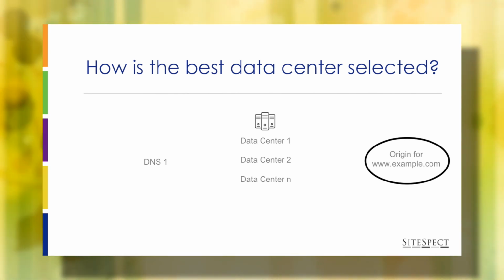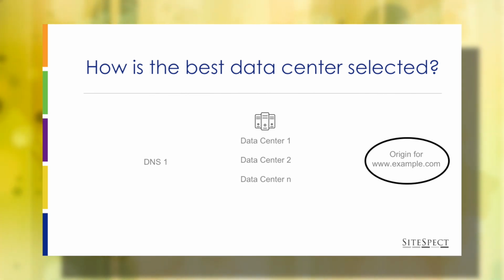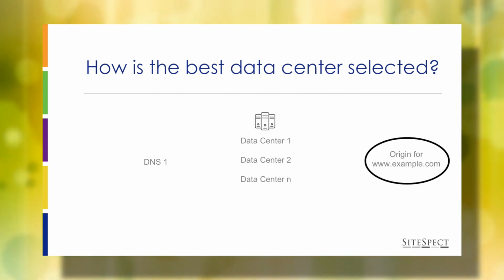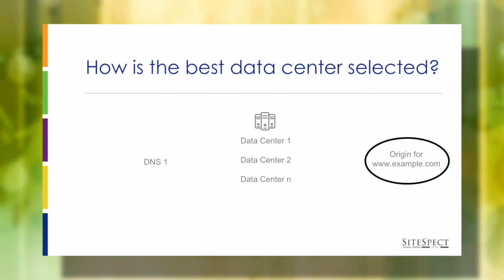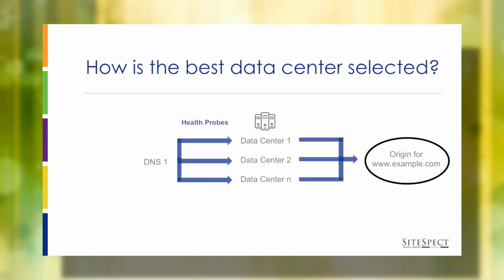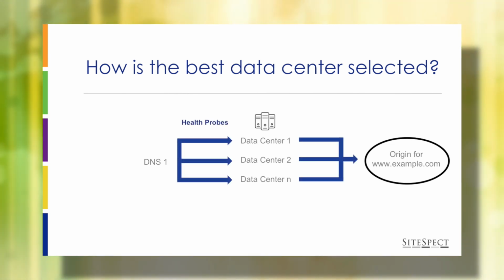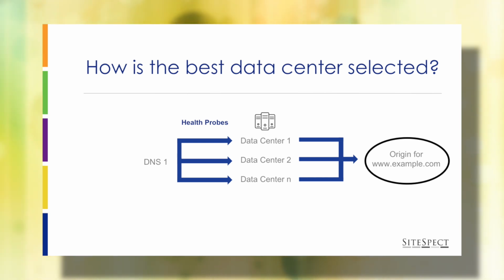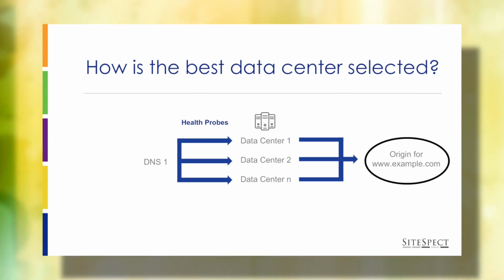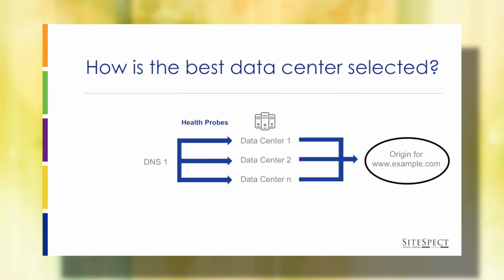When your PC makes a request to its name server for the IP address of the origin, the closest SiteSpect DNS server will reply. Each DNS server sends health probes to each SiteSpect data center. SiteSpect in turn proxies those requests back to the origin, which responds with content.